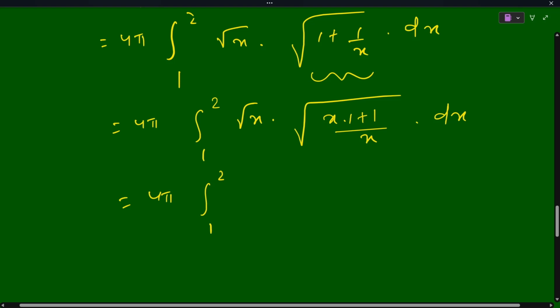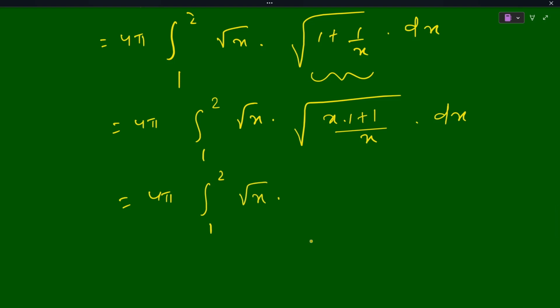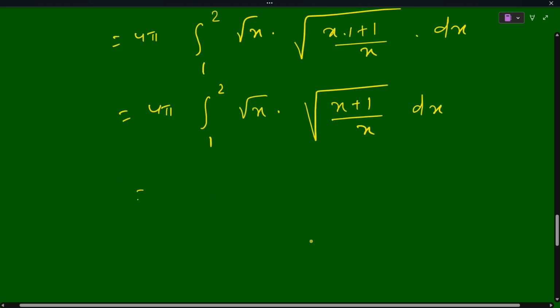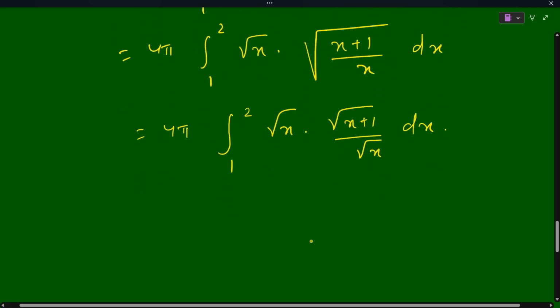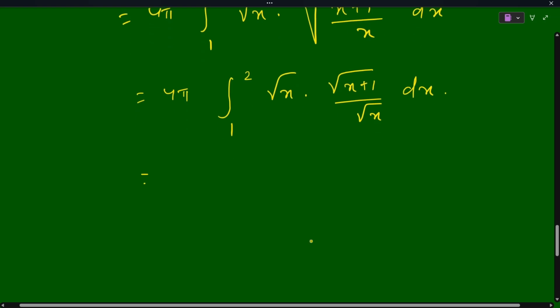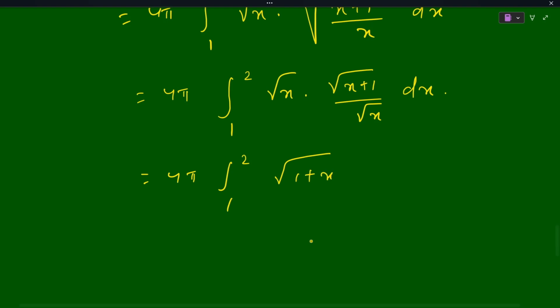Now see, it is in the numerator and denominator part, so I can separate the square root. So it would be root x into root of x plus 1 by root x. Now see, this root x and root x will cancel out. So all we are left with is root of x plus 1. Instead of that I am writing 1 plus x.